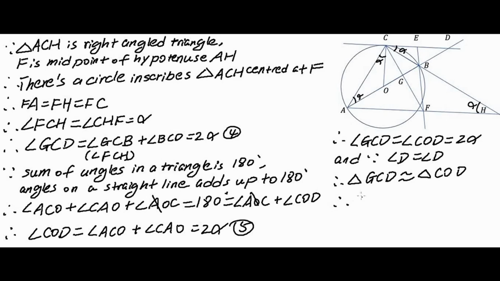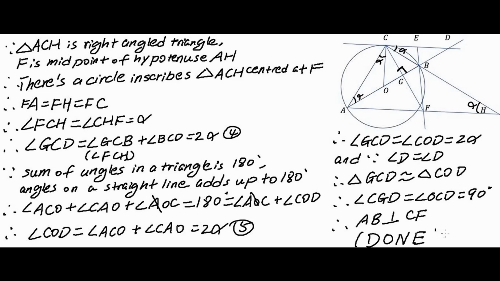Hence, we're able to show that angle CGD must equal angle OCD equals 90 degrees. And finally, this gives us the solution that AB has to be perpendicular to CF, and we're done.